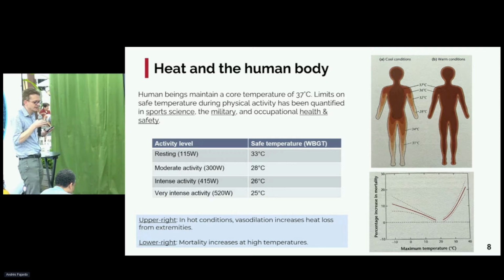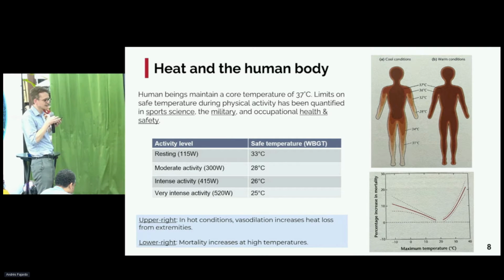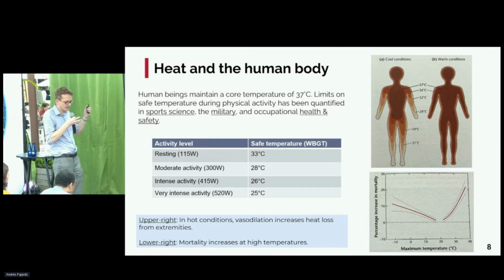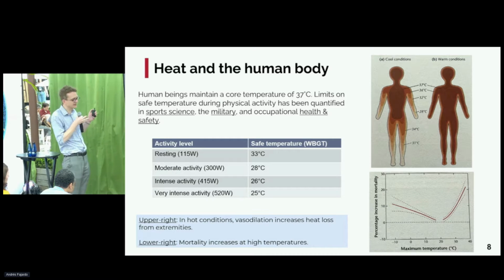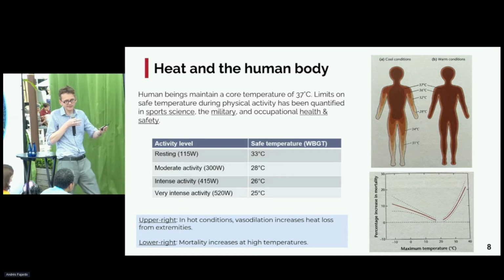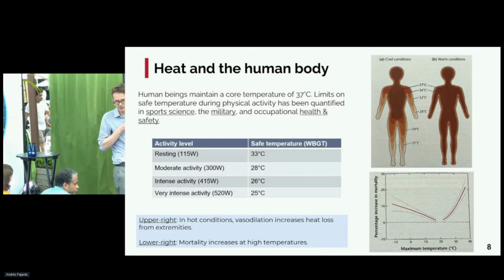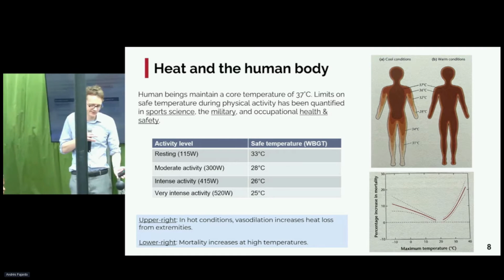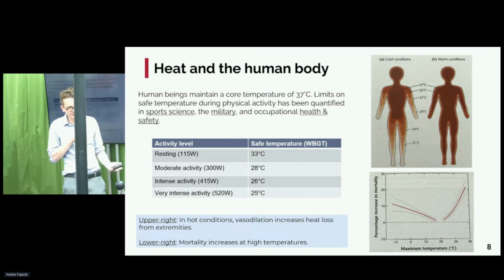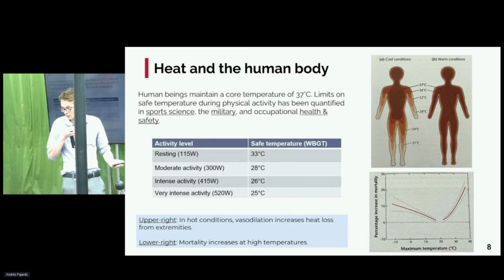And the literature in this area is derived from a variety of different fields. In fact, sports science is a very important source of some of these studies. And the devices that you're seeing here, the wet bulb globe temperature monitors, these are what are used at the Olympics and the World Cup to determine if play can go forward.